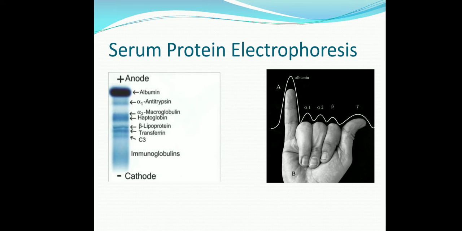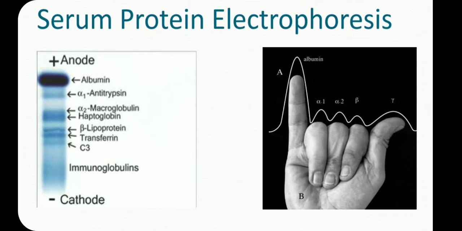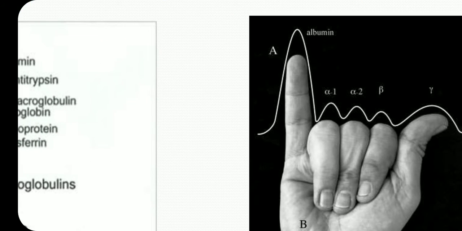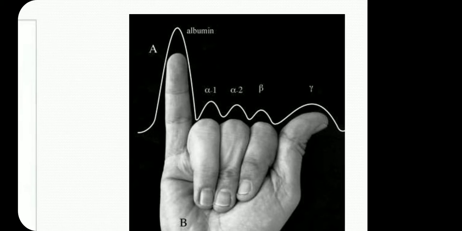On the right side, we have a diagrammatic representation of the graph we obtain after separating serum proteins. The left side peak shows albumin, followed by alpha 1, alpha 2, beta, gamma, like that.